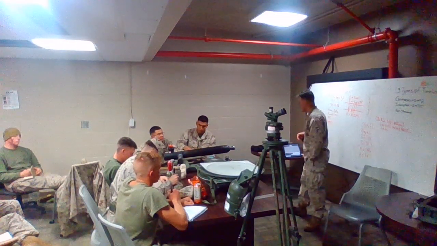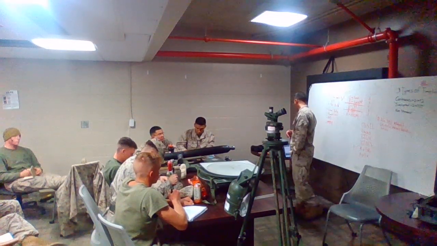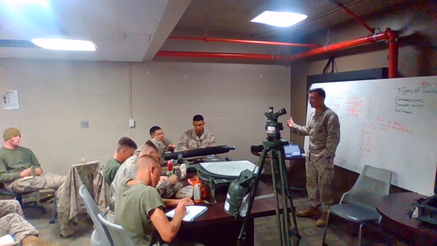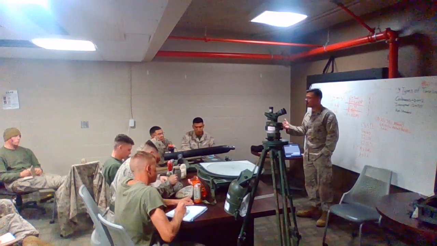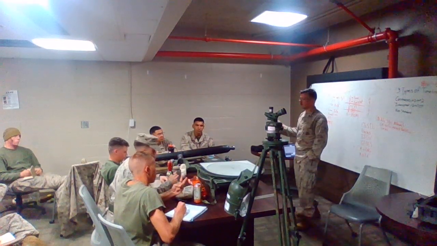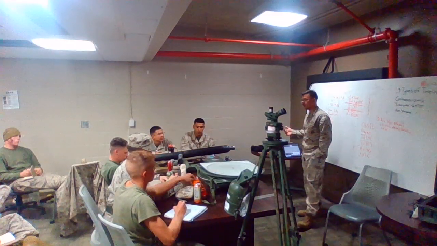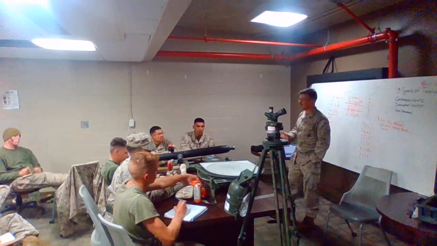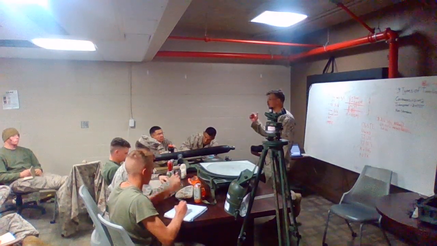All right. So starting with mortar to follow. In our instance, how many mortars? 2, which is a half section. Technically, it's a half section, but we'll call it a section.